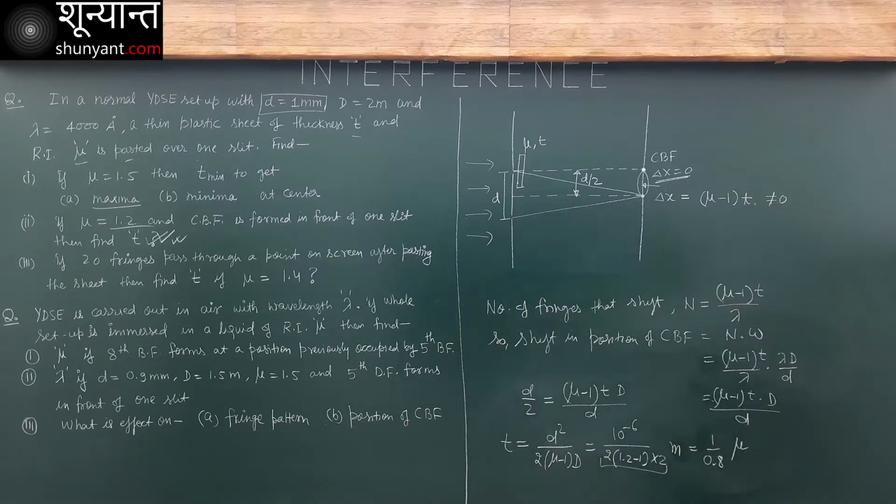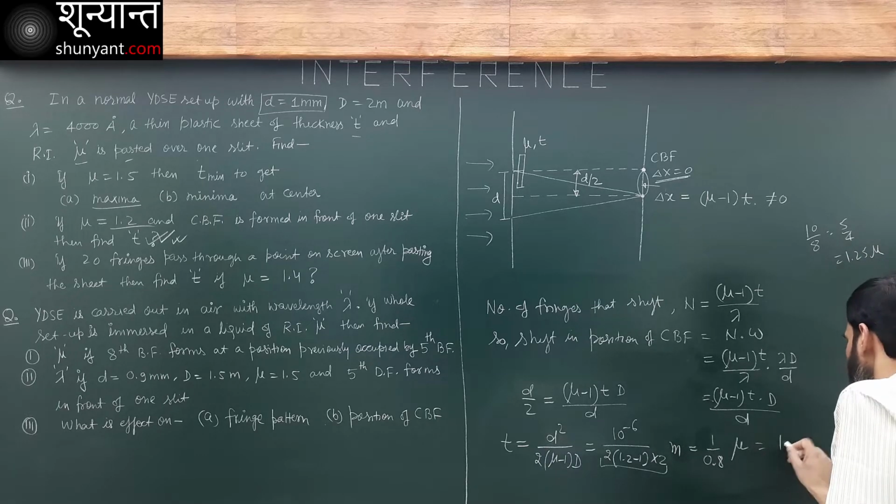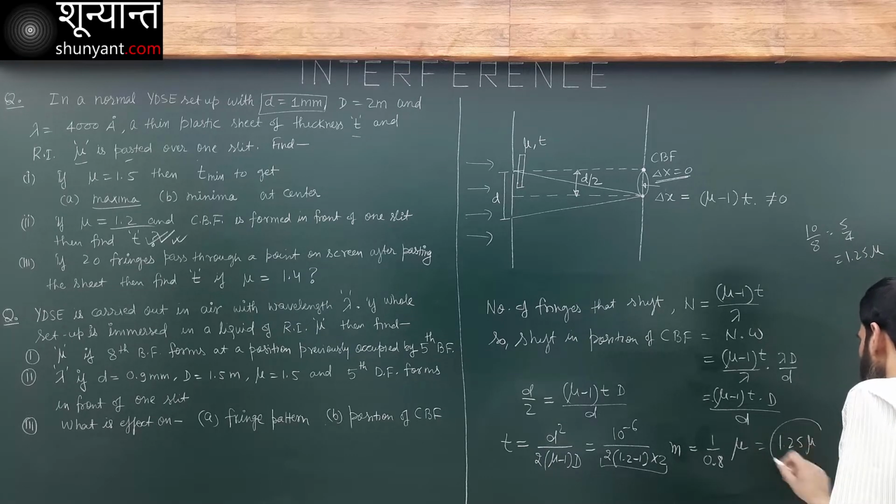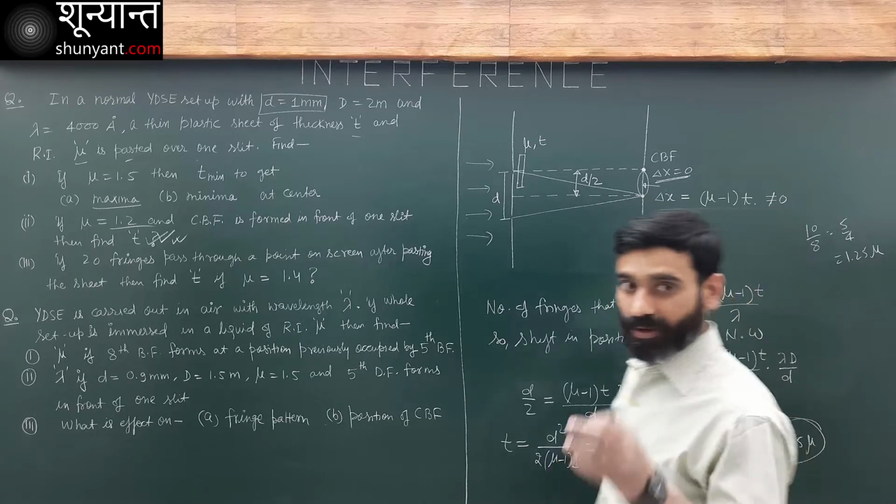Now think about this. What type of thickness is it? Is it a large thickness or is it a small thickness? 1 over 0.8, so 10 over 8, so 5 over 4, it is 1.25 micron. This is a very small thickness.